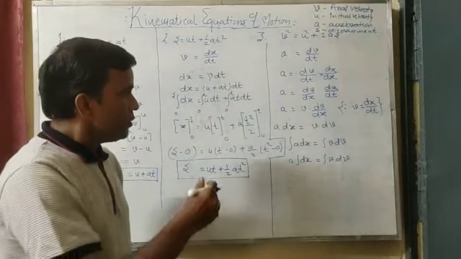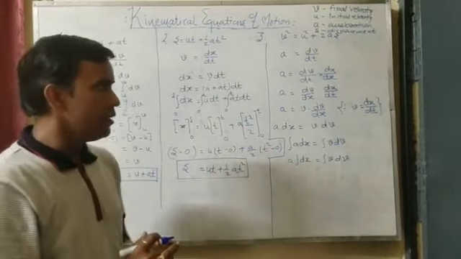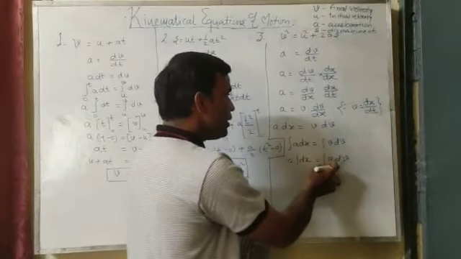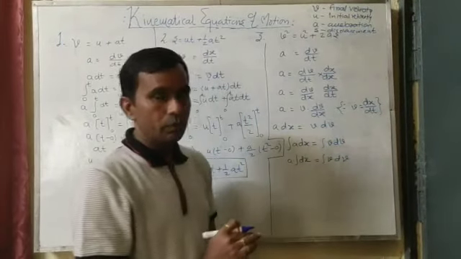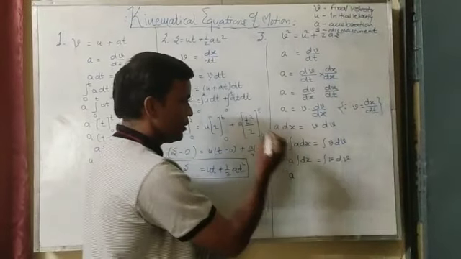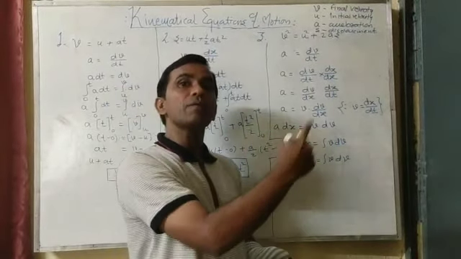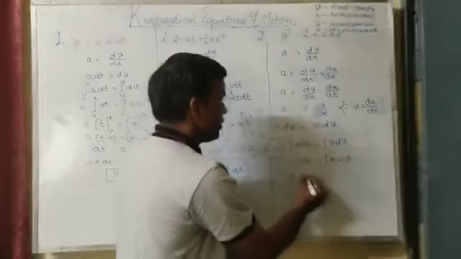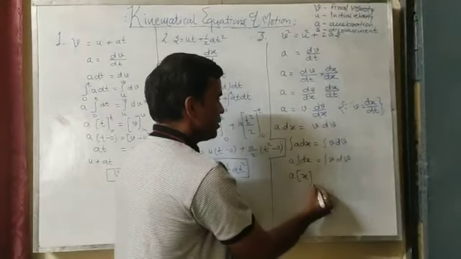We know that the variable on the right hand side is v. The integration of v is v square by 2. Here a is a constant outside the integral. The integration of dx is x itself. What are the limits? Yes, from 0 to s, already we used.